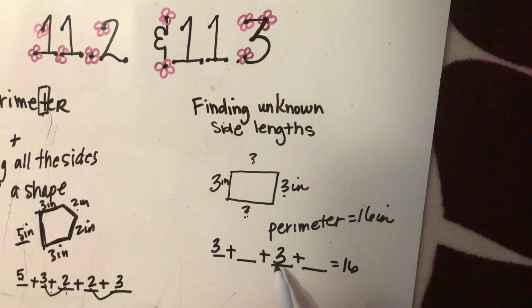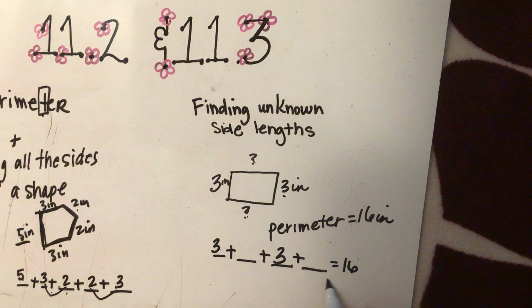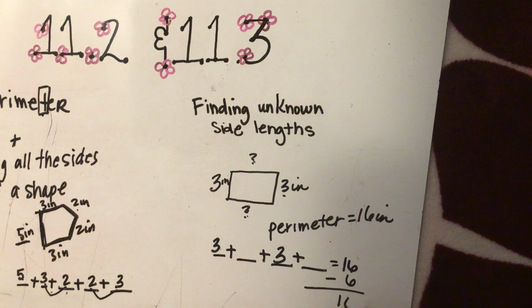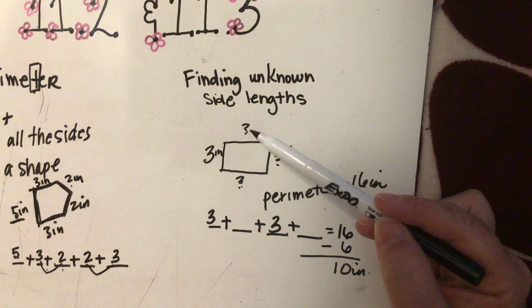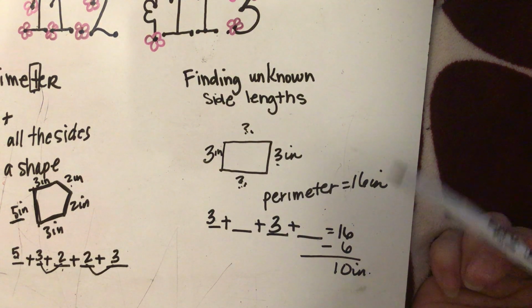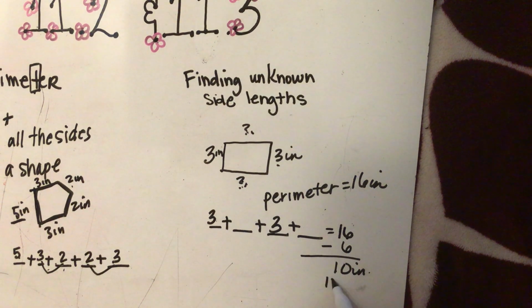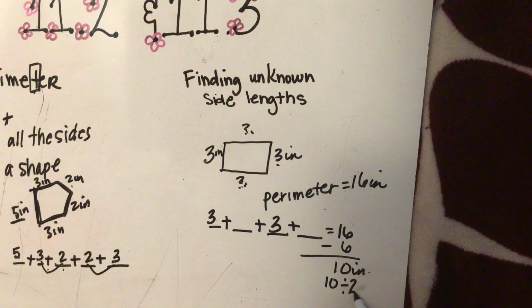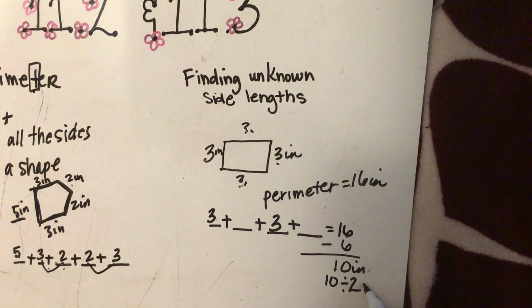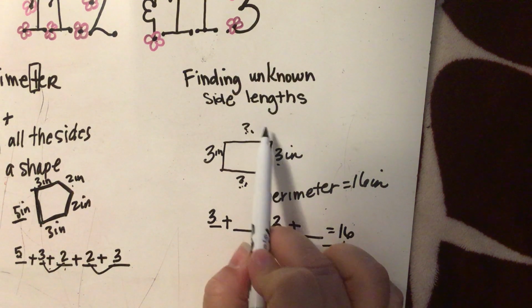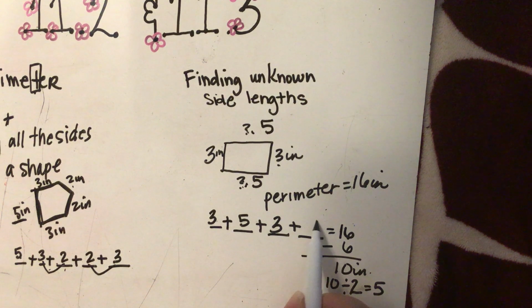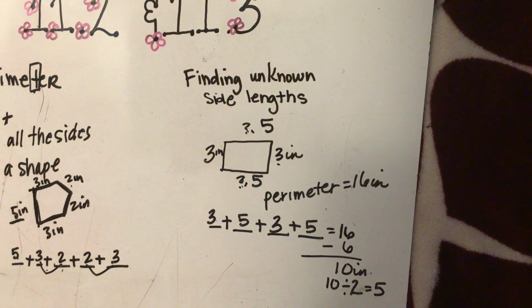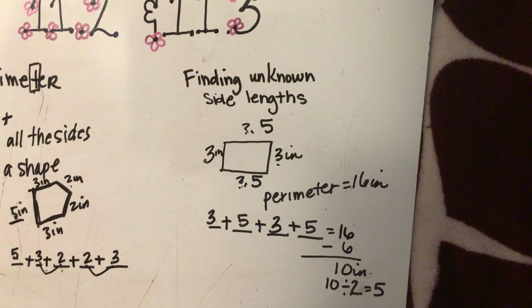So 16 minus 6, we're left with 10 inches. So we need to take 10 inches and split it up evenly for these 2 sides. So 10 divided by 2 is 5, right? So the unknown sides are going to be 5 and 5.